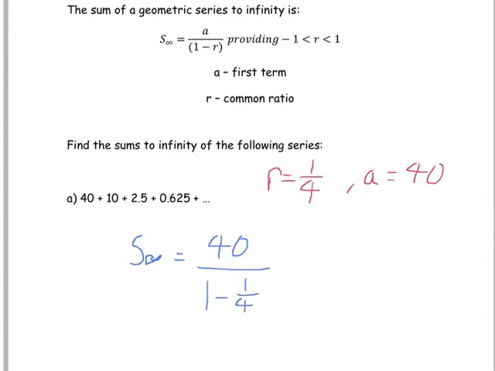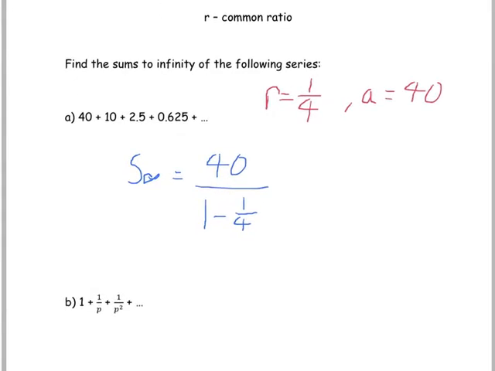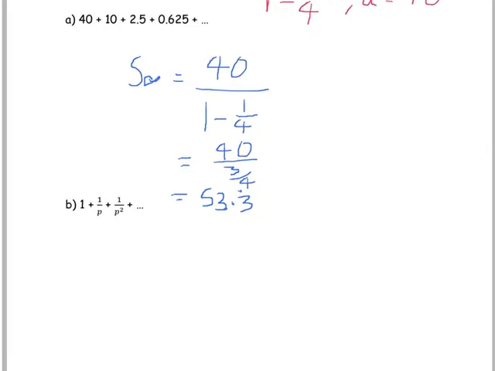Well, 1 minus a quarter is 3/4, so this is going to be 40 divided by 3/4, which is equal to 53.3 recurring.